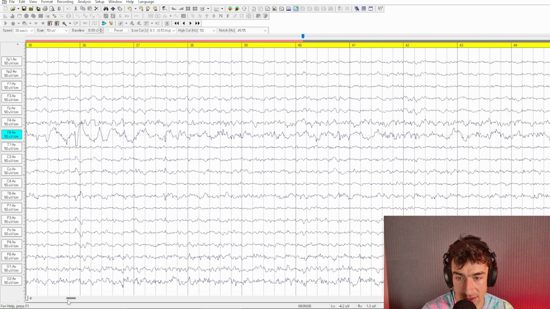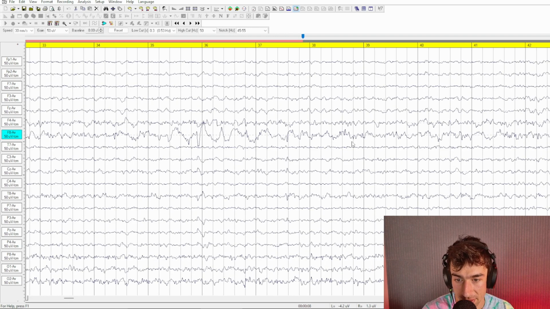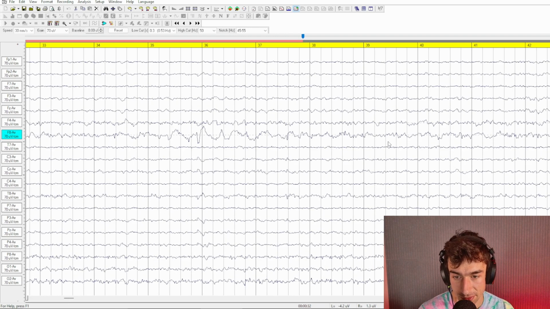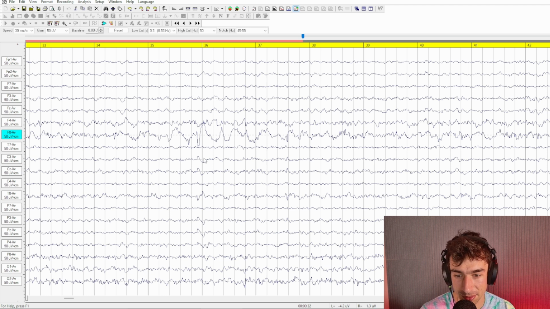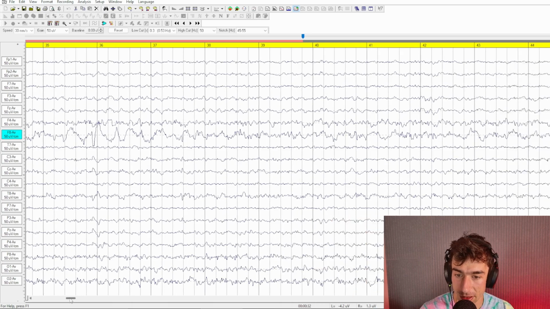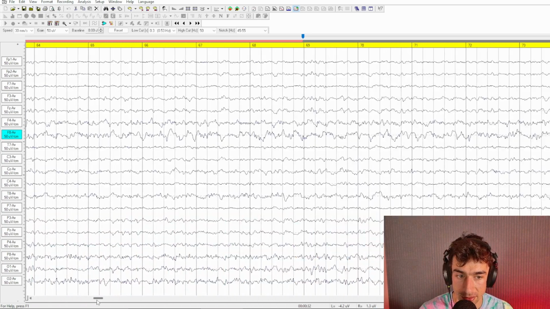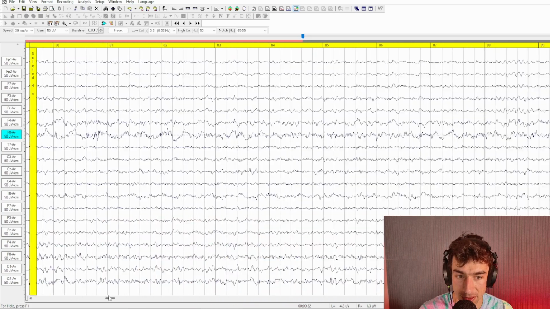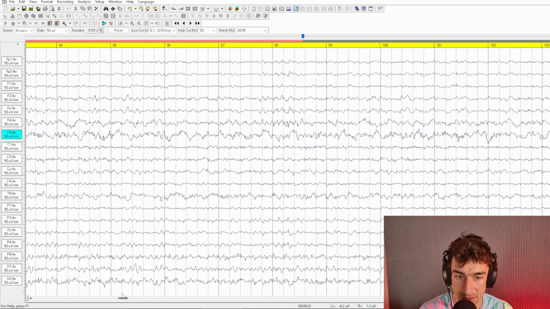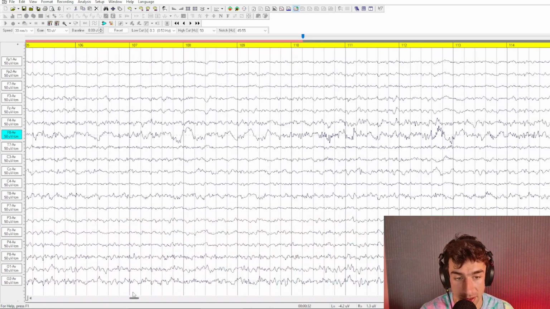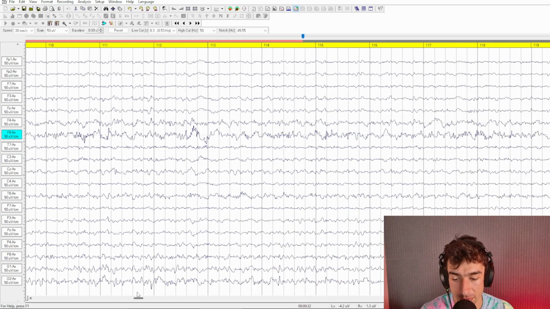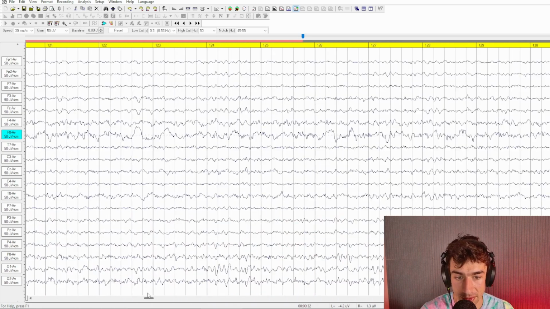Muscle activity is not necessarily only fast. And this little spiky stuff here makes me wonder if it's muscle activity. But you know what? We're going to leave it in and read around it.